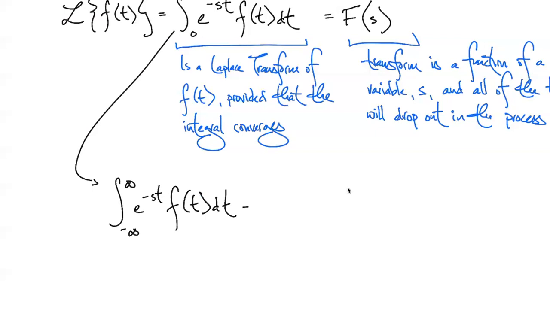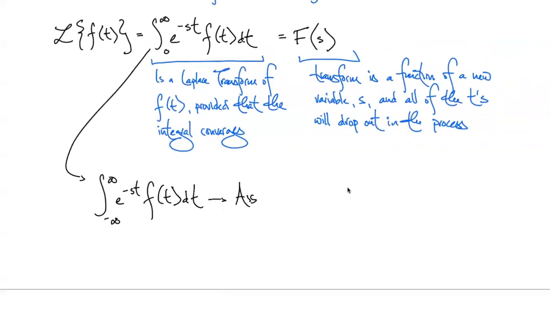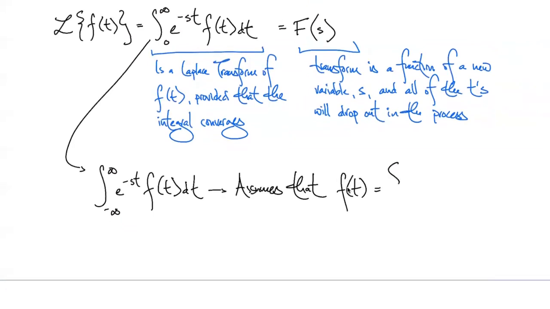But this version that we have in our Laplace transform assumes that f of t is actually a piecewise function that's defined as follows: for t greater than or equal to 0. And again, if we're thinking about an application, we don't usually think about negative time. We think about when does time start? Whatever that time is, we say that's t equals 0, right?